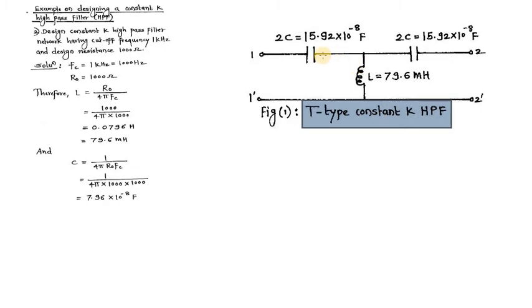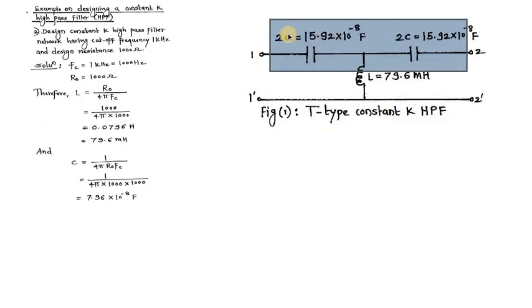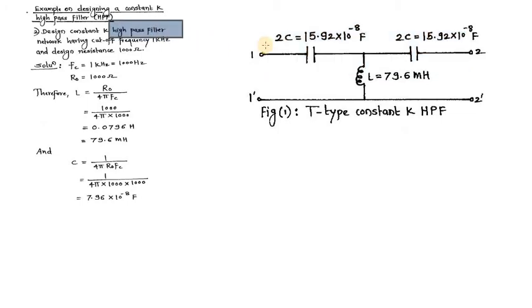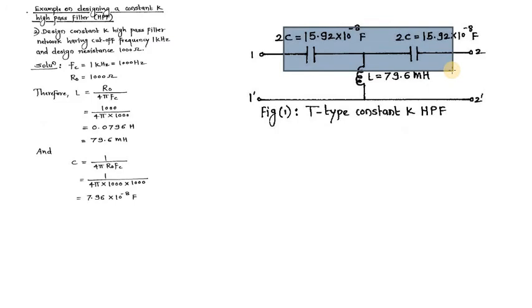The things to be noted carefully and differentiated from the low pass filter are, look at this, the series arm is made up of a capacitor in case of a high pass filter, whereas in case of a low pass filter, the series arm is made up of an inductor. I hope you remember it, which was shown in the earlier video.